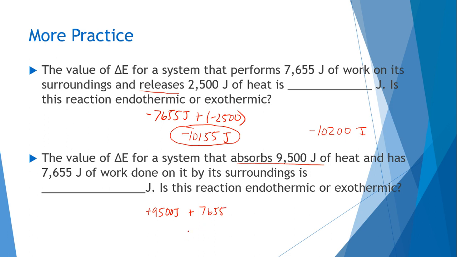When I add these together, you get 17,155 joules. And then here, I'm okay with you keeping it as this number. If you're one that's worried about sig figs, if you did 17,000, that is okay. Now, I also asked you to classify as endo or exothermic. Here, because of the negative value, this one is exothermic. Because here, this is positive, this is endothermic.